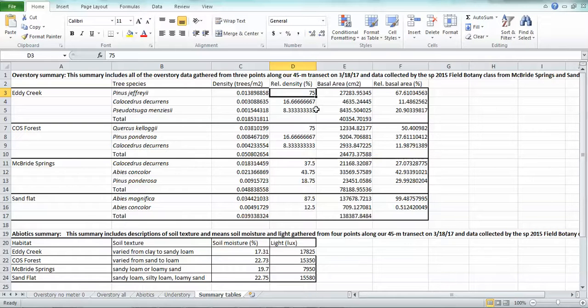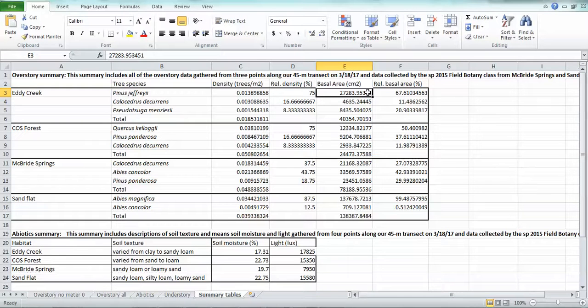Doug fir. The basal area I calculated using the diameter at breast height data that you collected for each tree. I converted those diameters to areas of the circles of the stems, and this is the total basal area of Jeffrey pines along that transect.